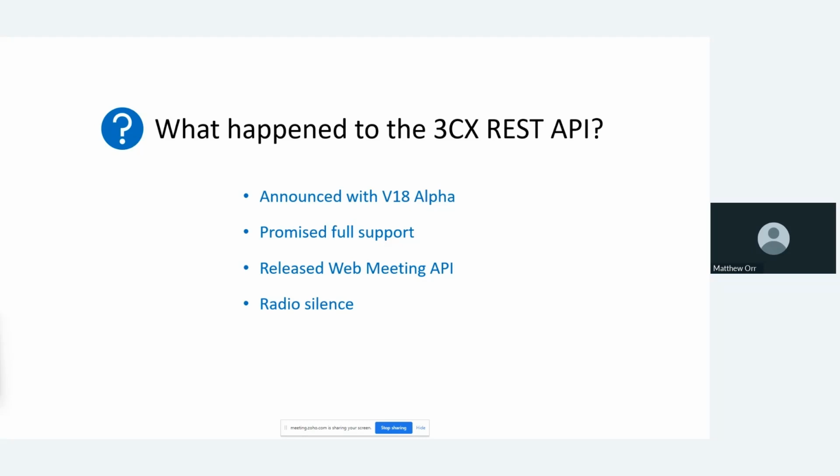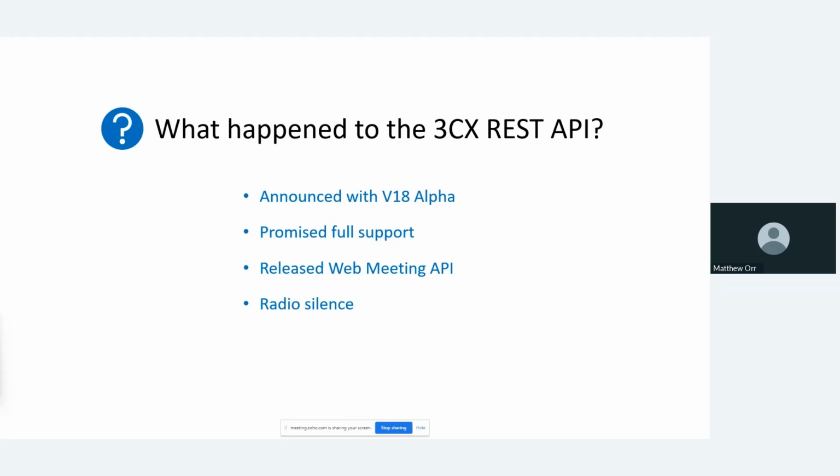They promised that it would have full support, documentation, and I was pretty excited about that because frankly, I just as soon not have to dig in the call control API to do things that could be done more easily through a REST API. And things looked promising. A couple of months later, they released a web meeting API. But since then, it's been radio silence.